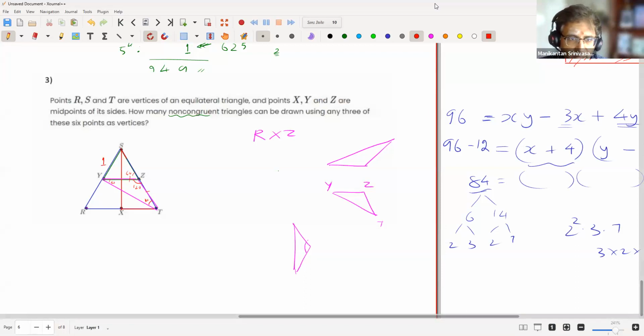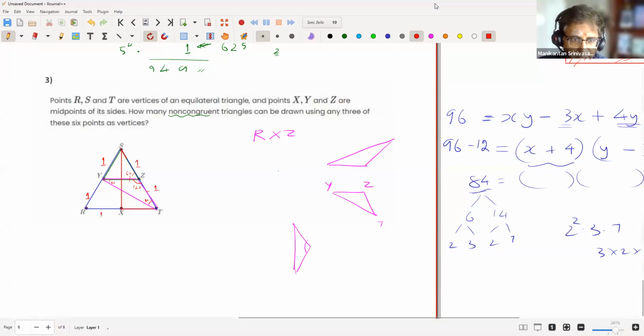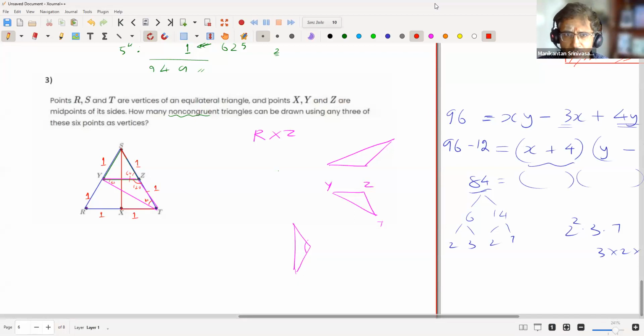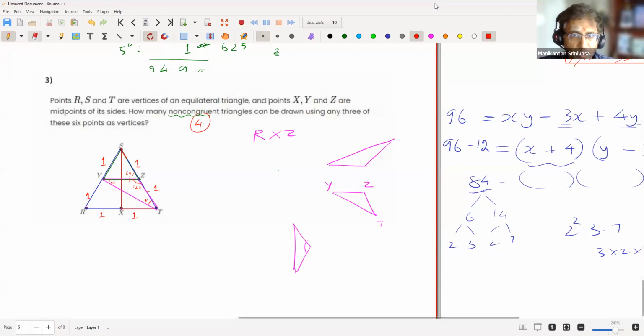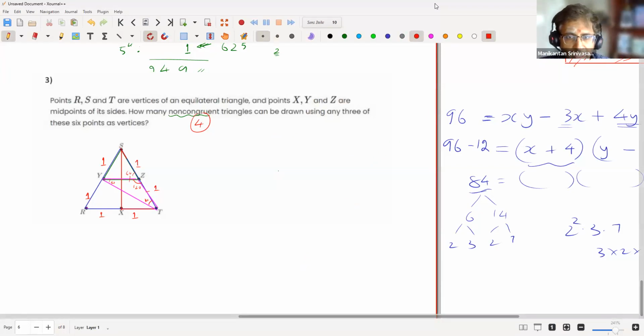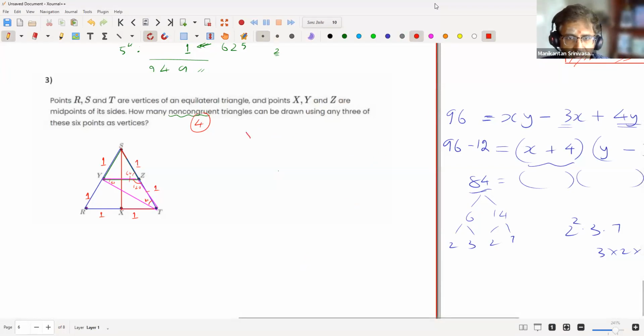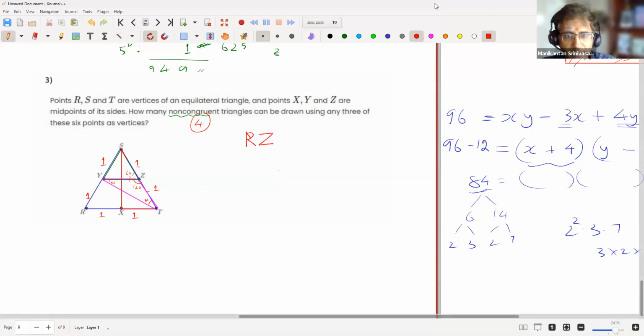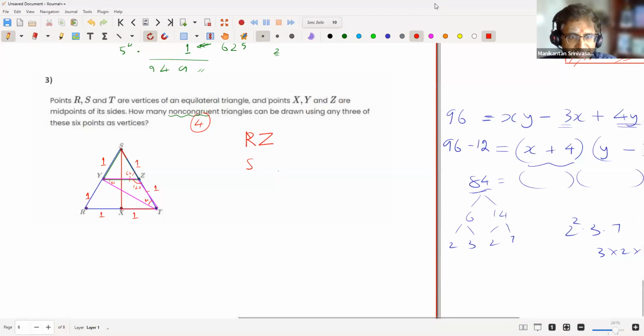Actually, the answer to this question is 4 only. There are 4 non-congruent triangles, but we are discussing some other variants. Now, before I come to what Akrit was telling, find me the lengths of a few quantities. Find me the length of RZ, which will be the same as YT, and then find me the length of SX.